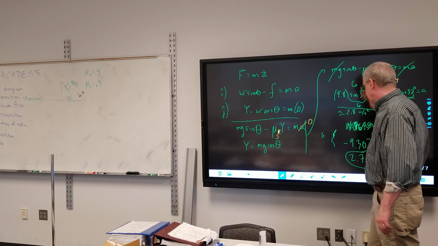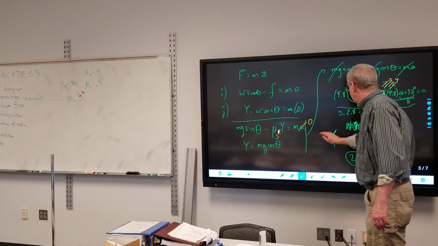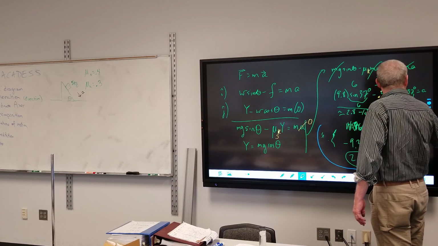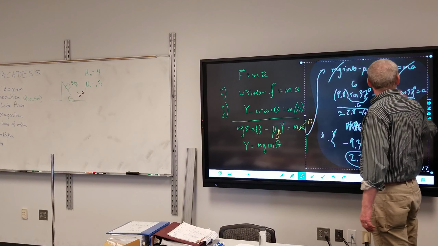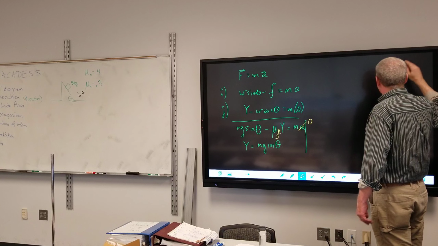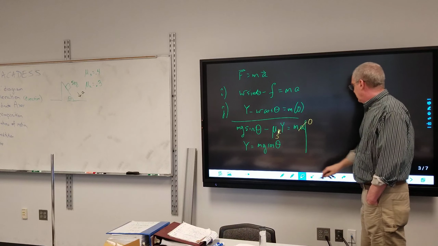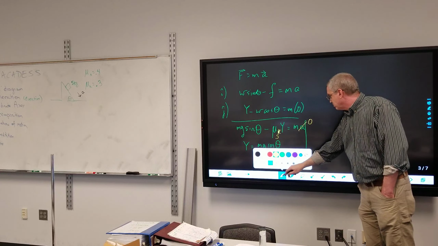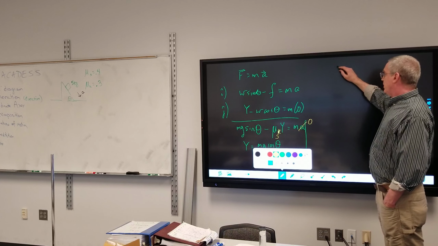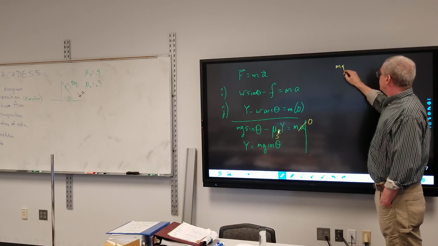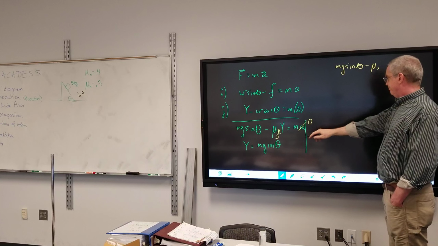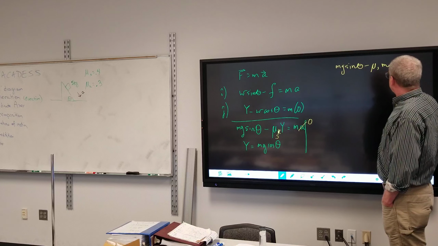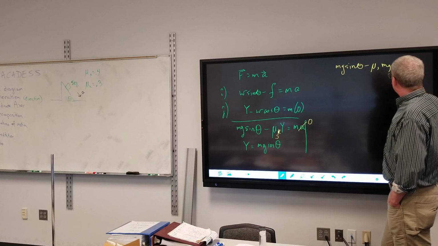So let's just get rid of this half over here. So we are now left with mg sine theta minus mu s, which is mg cosine theta, equals 0.